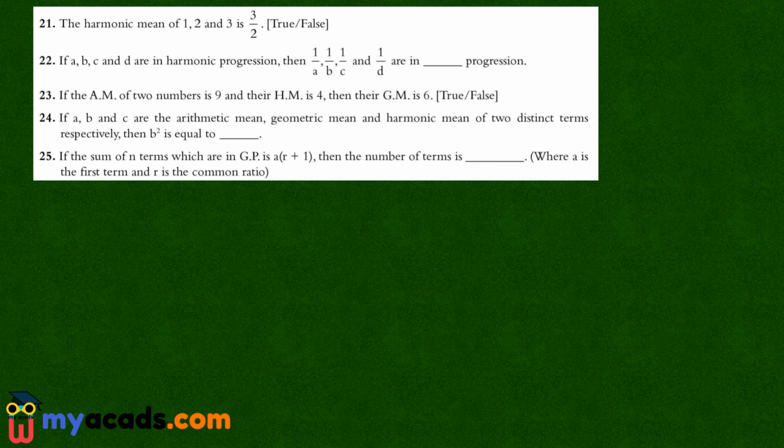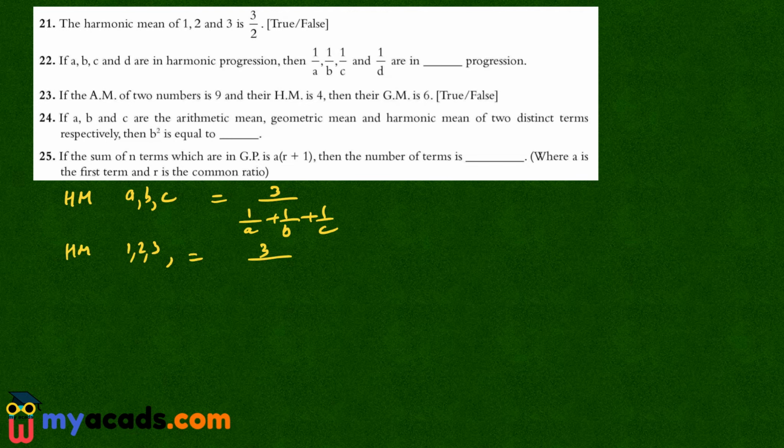Question number 21: the harmonic mean of 1, 2 and 3 is 3 by 2. True or false? Now I know that the harmonic mean of three numbers a, b, c is 3 upon 1 upon a plus 1 upon b plus 1 upon c. So the harmonic mean of 1, 2, 3 is 3 upon 1 upon 1, that is 1, plus 1 by 2 plus 1 by 3.